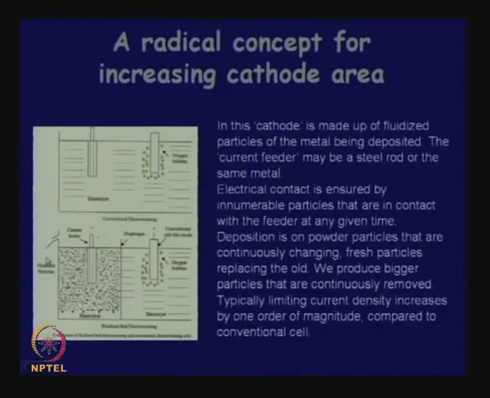The metal is primarily being deposited on the particles that are in the fluidized state, which means if you provide a seed, means certain number of particles, they begin to grow, because on them metal is being deposited, and they are not static, means the particles which are in contact with the feeder or in contact with each other are changing constantly.